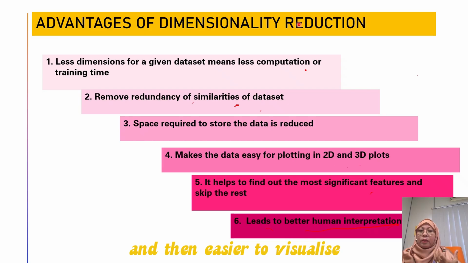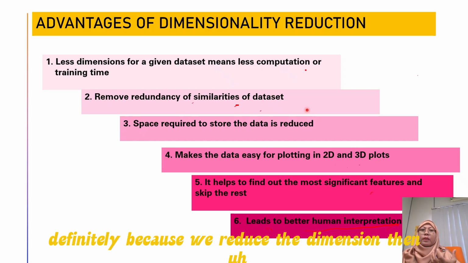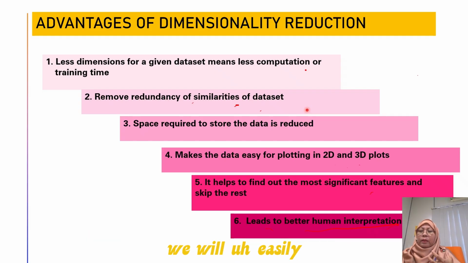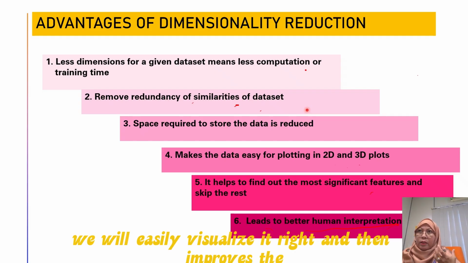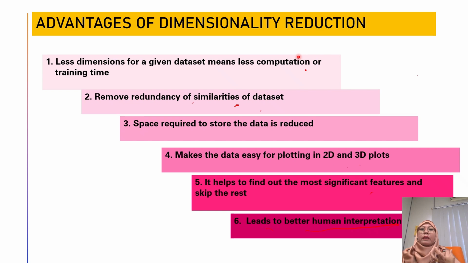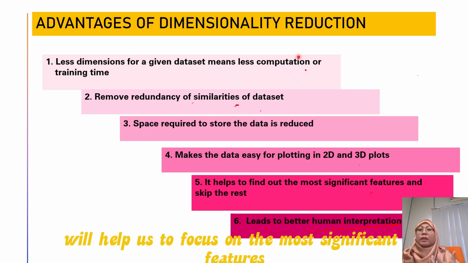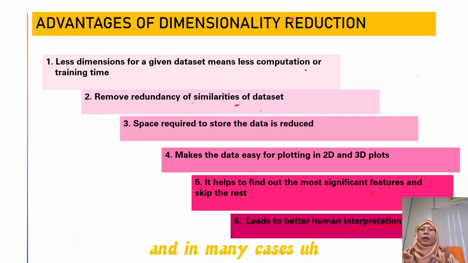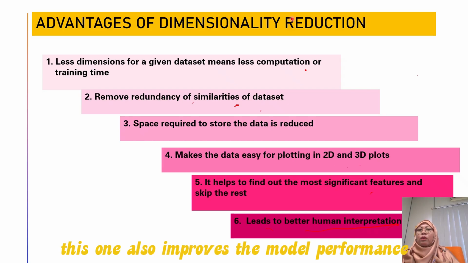And it is easier to visualize, definitely, because when we reduce the dimension, we can easily visualize it. And it improves interpretability, helping us to focus on the most significant features. And in many cases, this also improves the model performance.